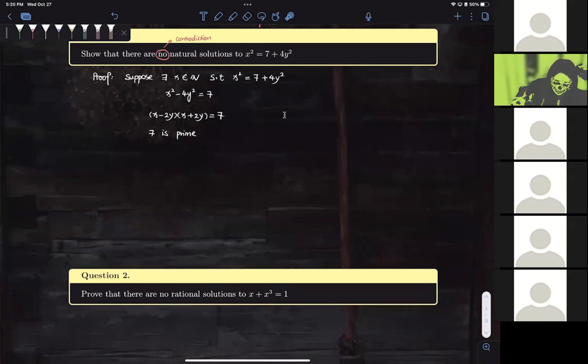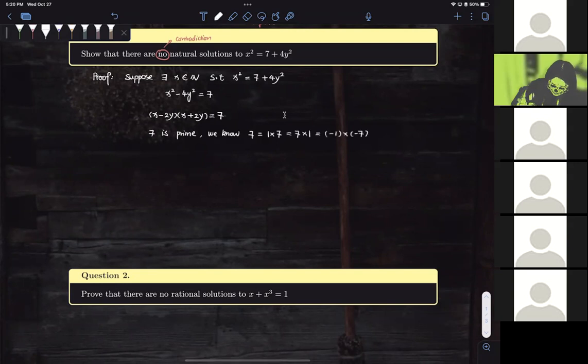Yeah. So okay, cool. So I'll just repeat what you said. Since 7 is prime, we know the only possibilities are 7 equals 1 times 7, or 7 times 1, or negative 1 times negative 7, or negative 7 times negative 1.